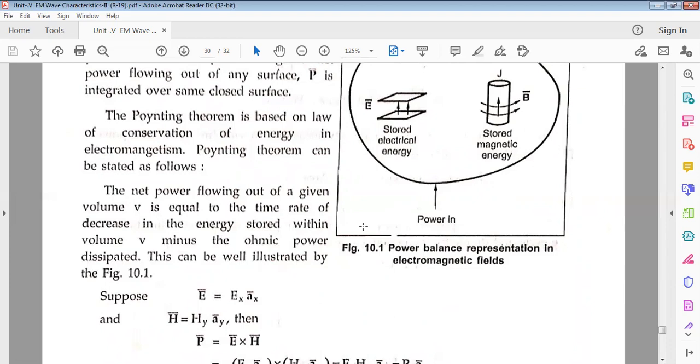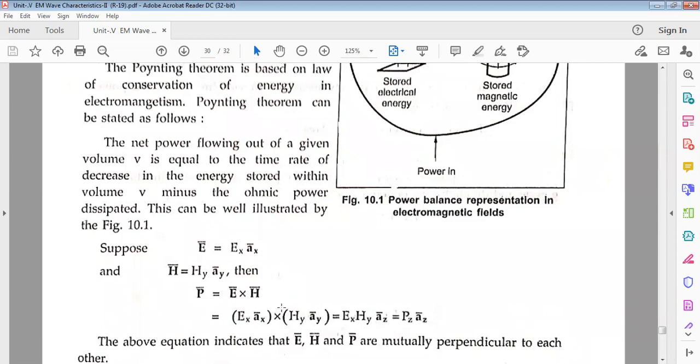Substituting, P bar is equal to EX into AX bar cross HY into AY bar. In the cross product, AX and AY will give AZ.